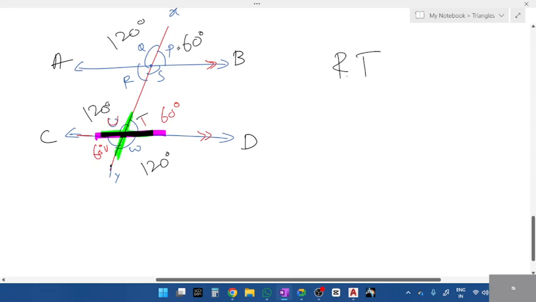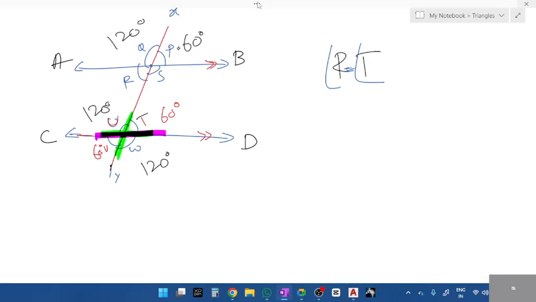Yes. Where are these two angles, R and T, inside or outside the parallel lines? Inside the parallel lines AB and CD, right? So are they on the same side or in an alternate position? They are in an alternate position. So what do you call them?